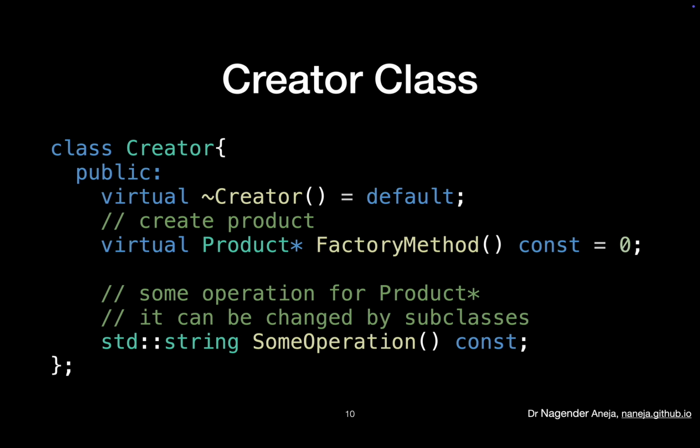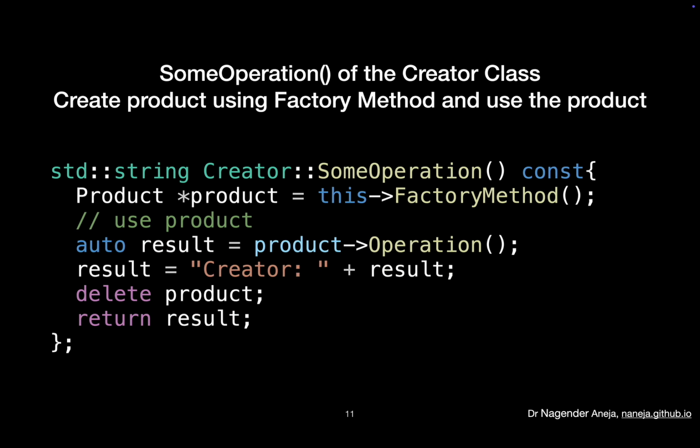Okay, now this is some operation, so we can have a non-virtual function as well, and this some operation can be the operation that is defined on the product, which does some stuff. In the some operation we say get a product first, because the operation needs to be applied on some object.